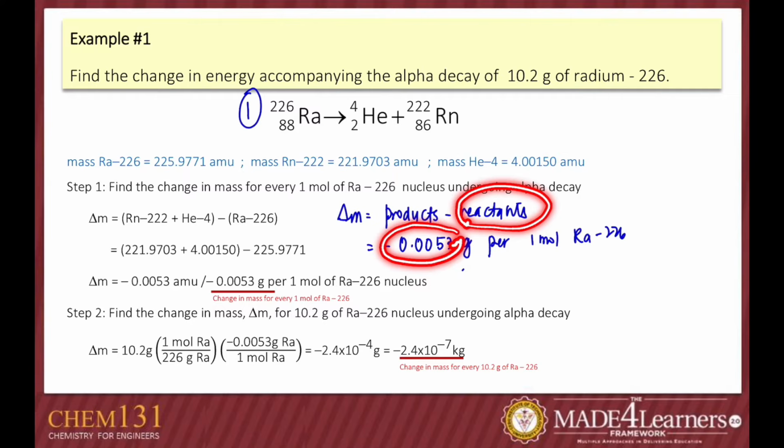In this case, in nuclear chemistry, it no longer follows that, because mass can be converted to energy, using E equals mc squared.